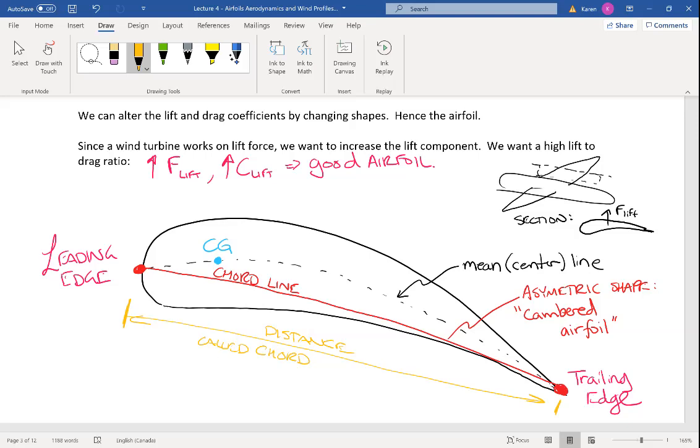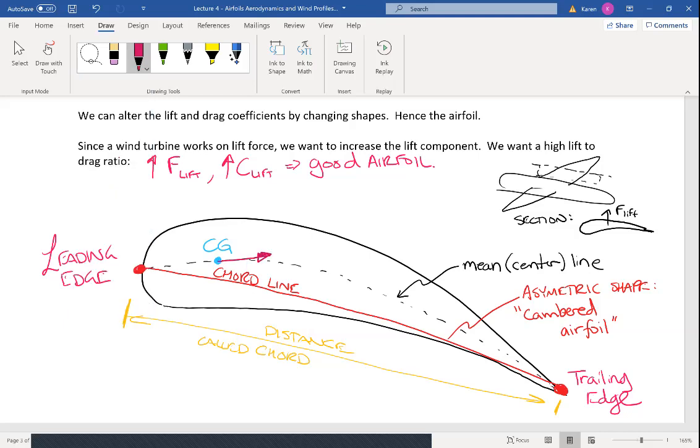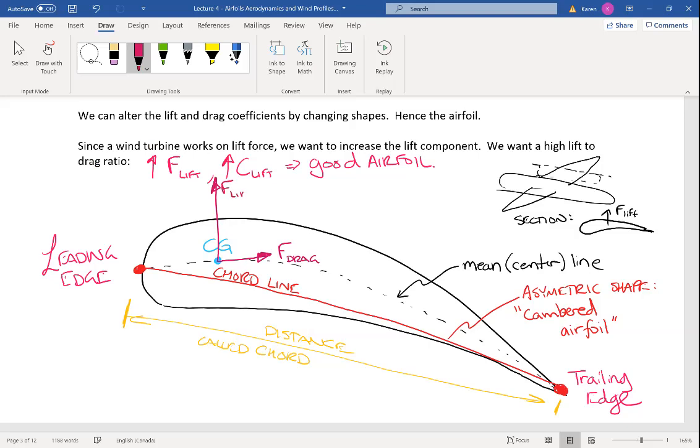And we can show on here, we can assume that the lift force and the drag force are going to operate at the center of gravity. And a nice airfoil like this would have a higher lift force than drag force. So this would be force of drag, and force of lift would be greater than it.